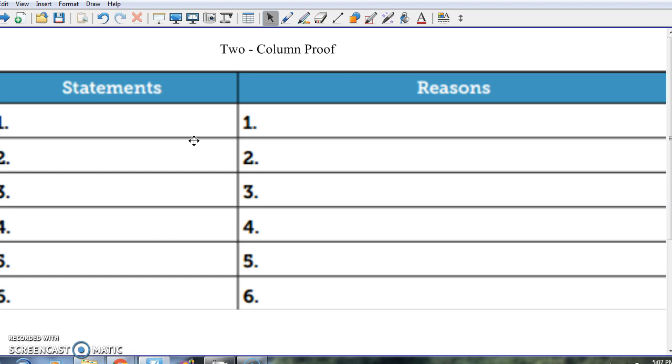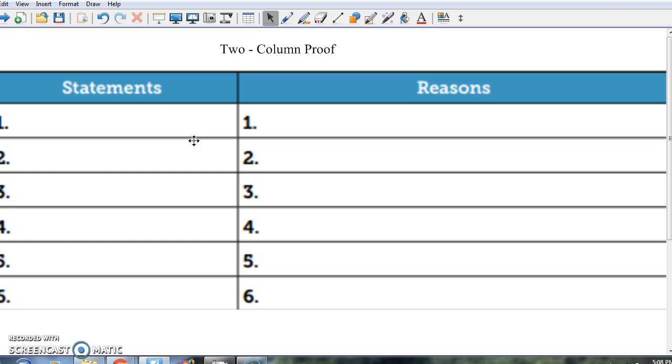The first statement is usually going to be the given information. So whatever the problem provides to you initially, that's the first thing you would want to write down. Typically people put that information in the first step in the statement, and then the reason for that would be given.